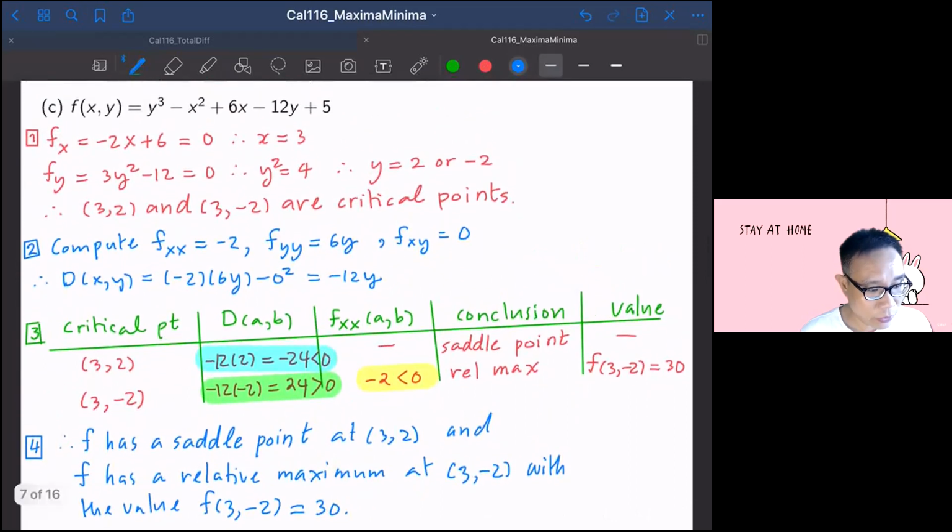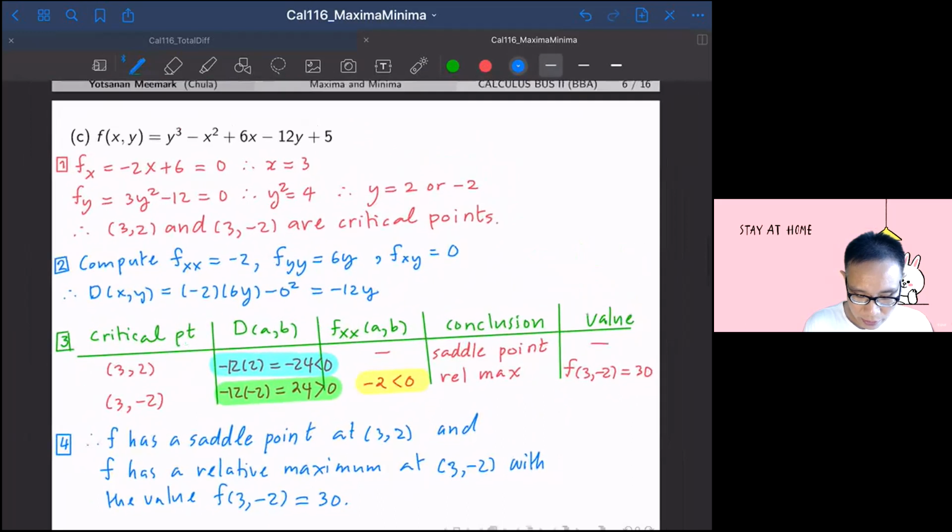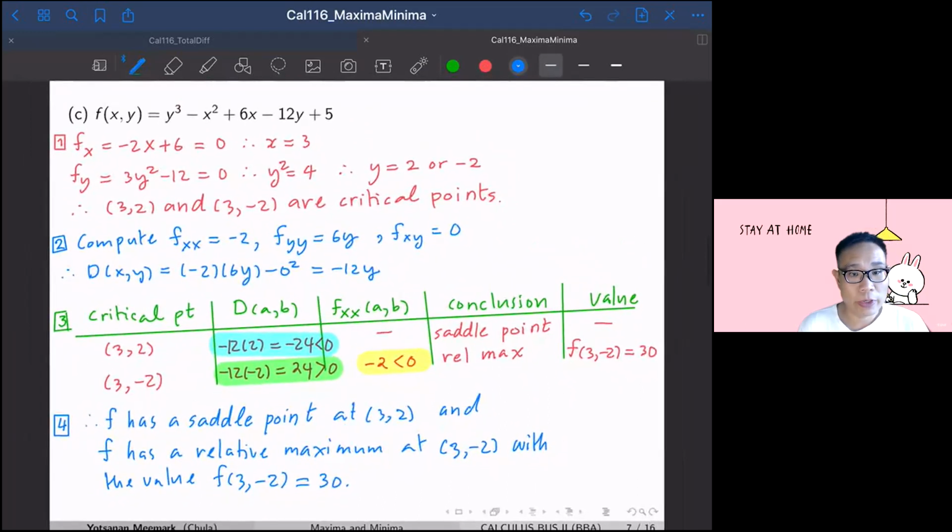That is the conclusion, and that is the whole thing for this question.